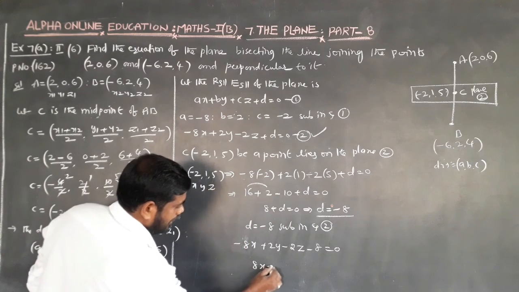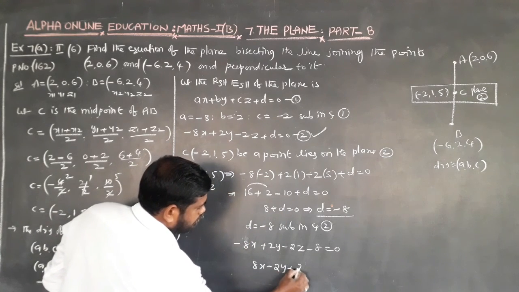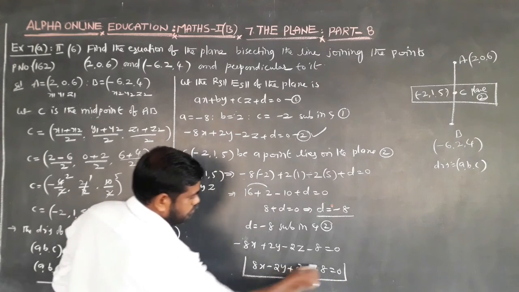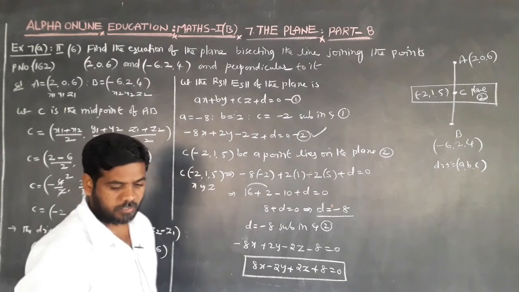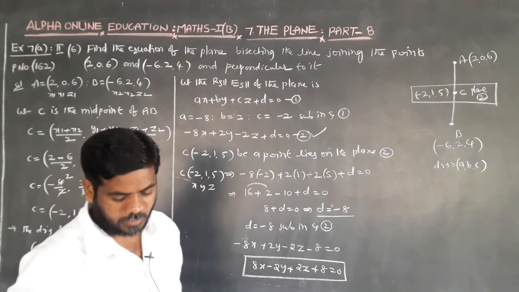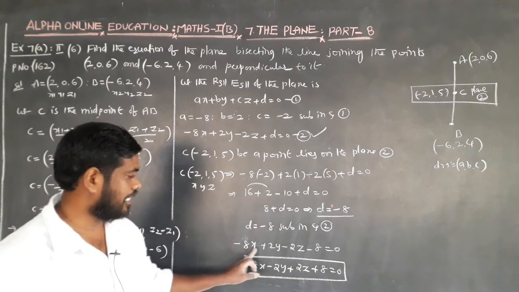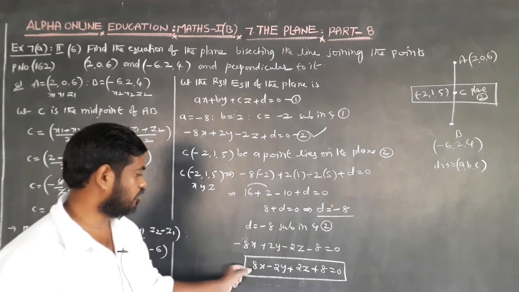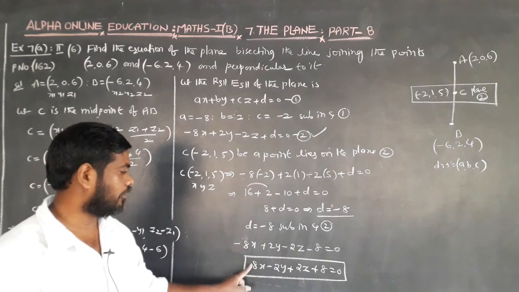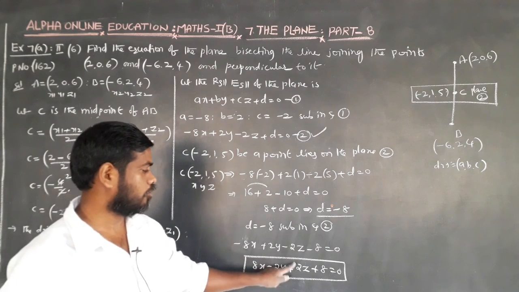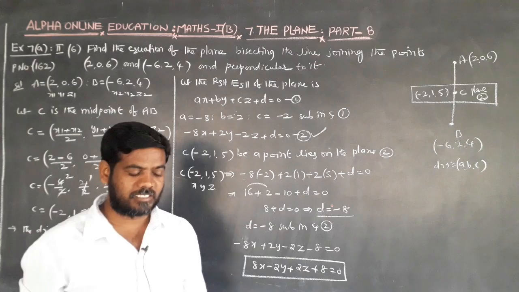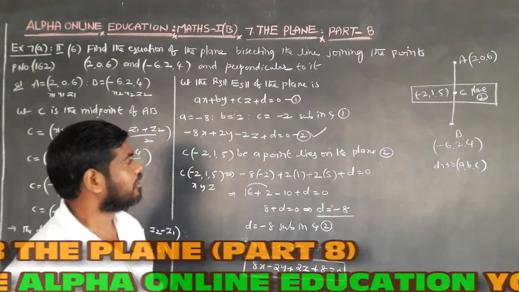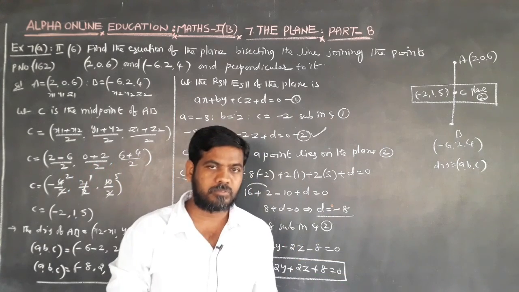Or multiplying by minus 1: 8x minus 2y plus 2z plus 8 is equal to 0. This is the required equation of the plane. Similarly, try one or two problems.